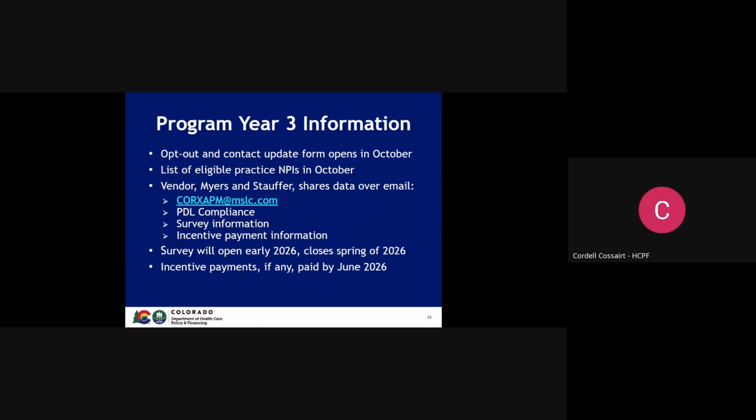We will be working with Myers and Stoffers again for administrative support. Myers will be sending a number of emails to practices from their CO, RX, APM email. Information will include preferred drug list compliance rates, information on the survey, and incentive payment information.